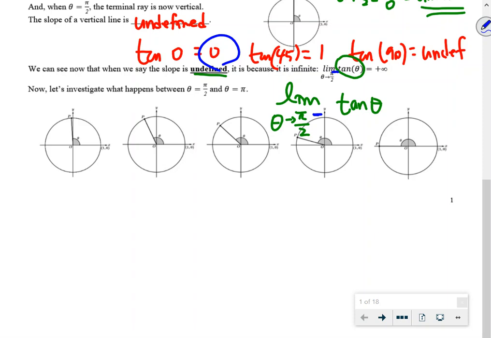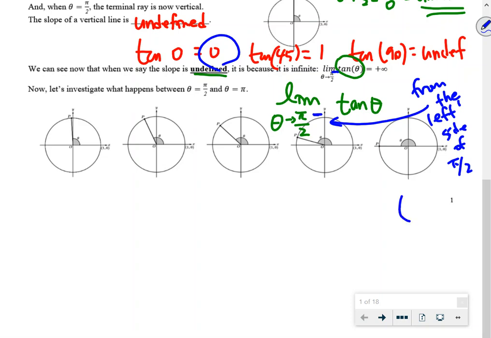So could you copy this down? The meaning of this is we are approaching from the left side, the left side of pi over 2. I'm approaching pi over 2 from the left.